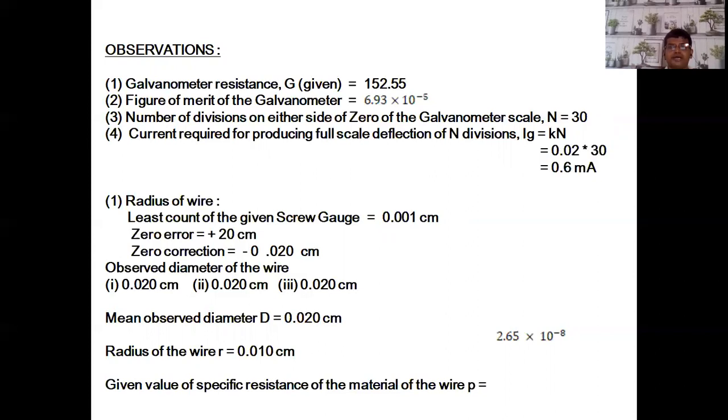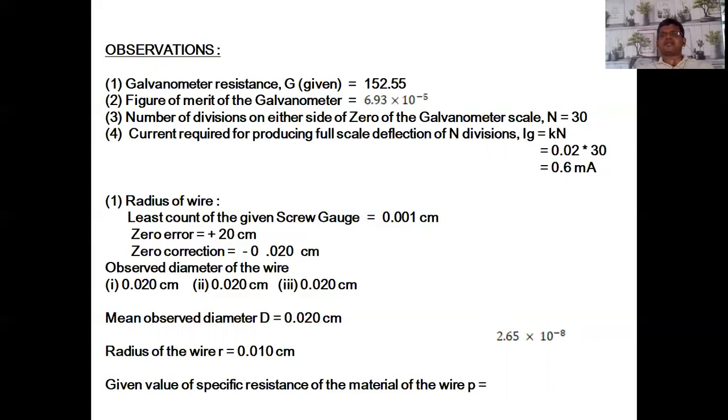Suppose you have no idea or the examiner has not given it, then use the number of divisions on either side of 0 of the galvanometer scale, which is 30. Then we want the value of Ig. What is Ig? Ig is the current capacity of the galvanometer.